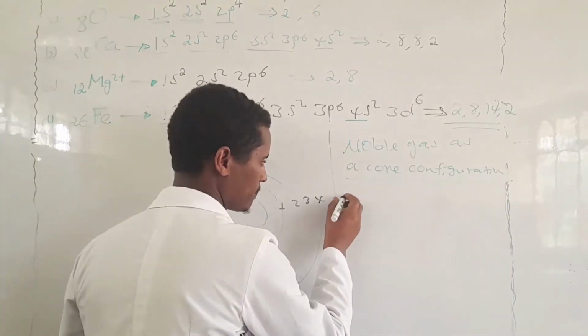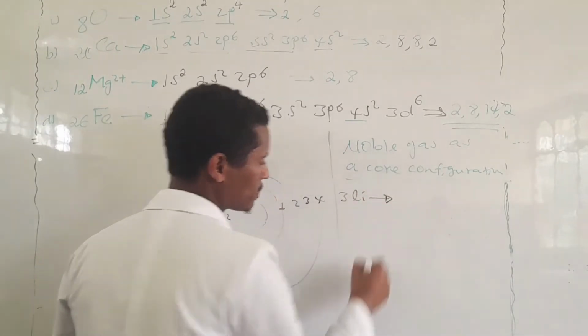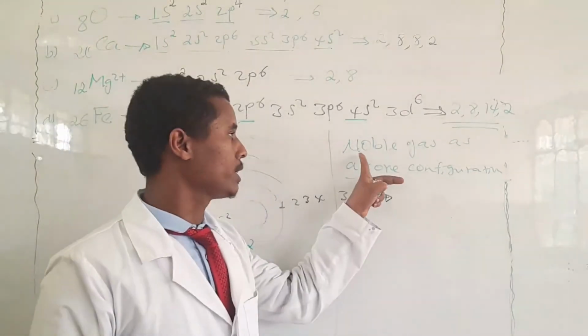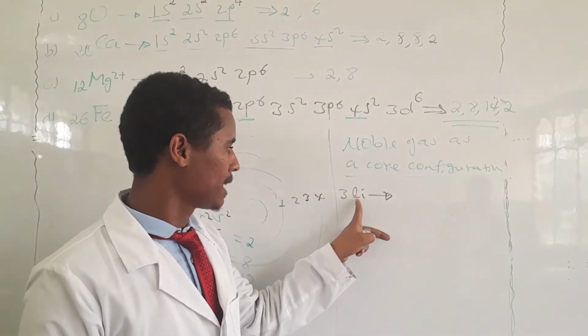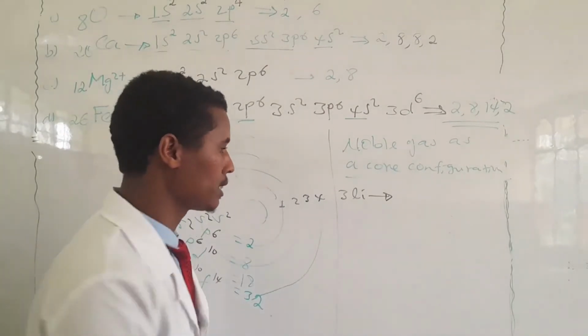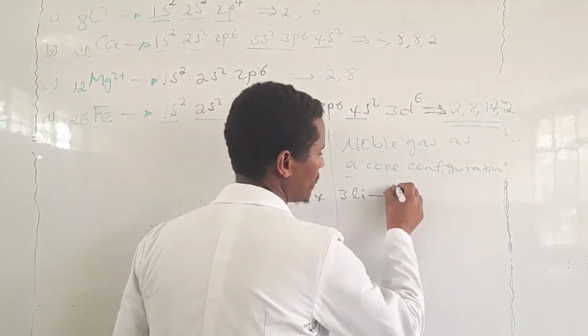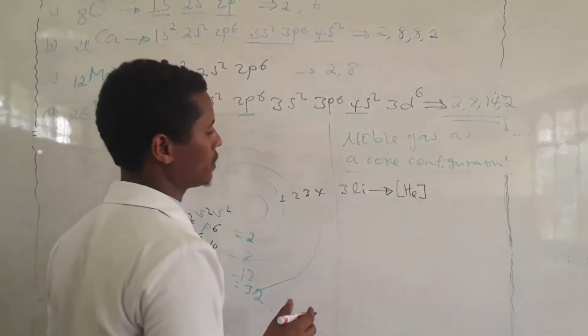Let's take the example of 3, lithium. How do we write the configuration of lithium using a noble gas as a core? You can use a noble gas with an atomic number lower than 3. That is, you can use helium in parentheses or a closed bracket. Helium has how many electrons?